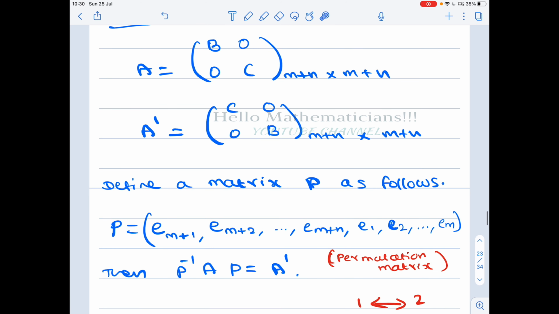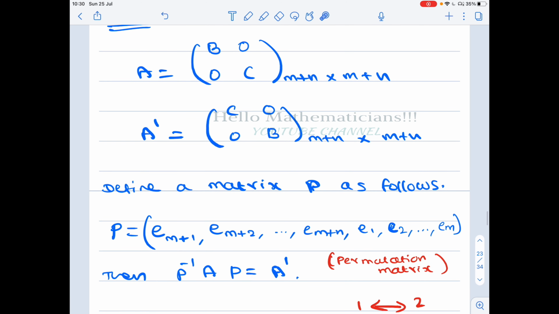Okay, so you see that from the standard basis vectors, from M plus 1 to M plus N, the columns you want to come to the front. So we put e_{m+1}, e_{m+2}, etc., e_{m+n}.